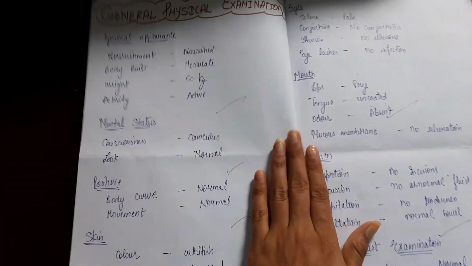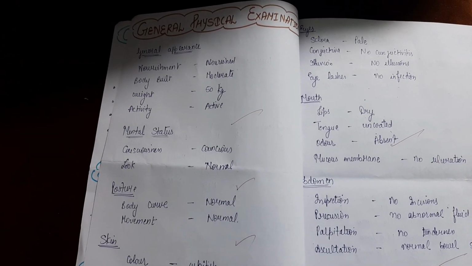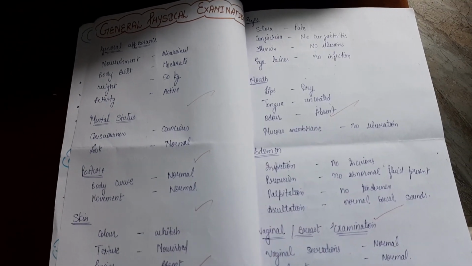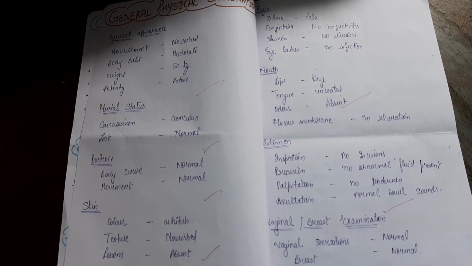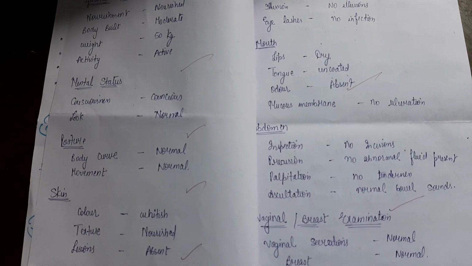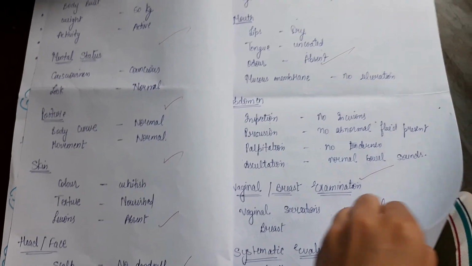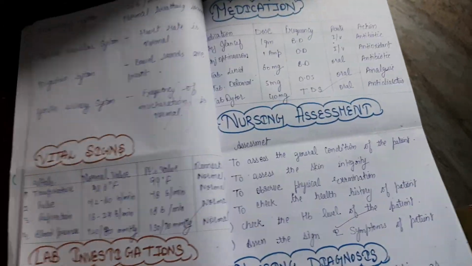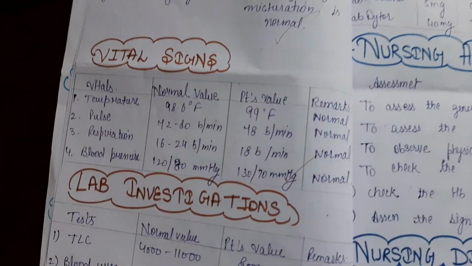Physical examination is a little bit vast. So here I'm showing you. In physical examination, we should do a head to toe examination of the patient, where we should observe each and everything. After physical examination, we should write down the vital signs.